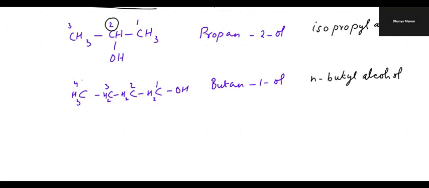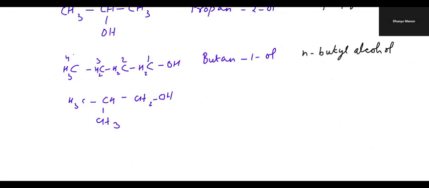Right. The same thing if I write like this, CH3, CH, CH3, CH2, OH. And over here also you can see from the second position there is the connection. The branching is from the second position, right?